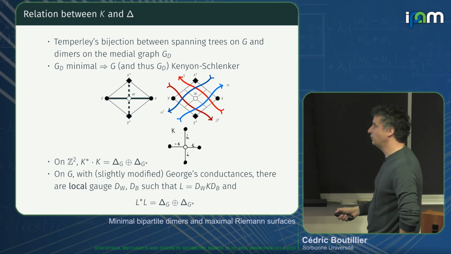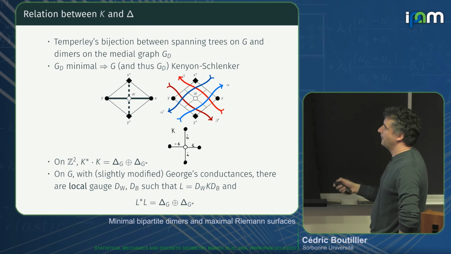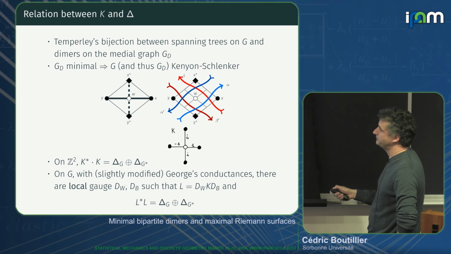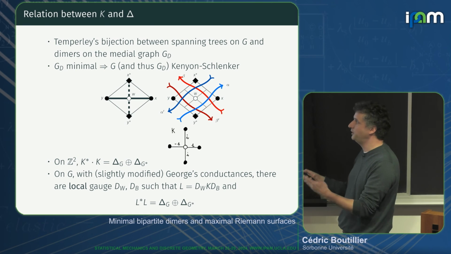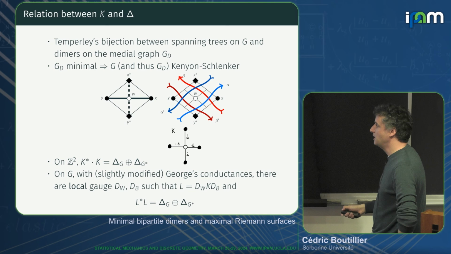Okay, so on the square lattice, not only do we have a bijection between spanning trees and dimers, which tells you that somehow the determinants of these operators are related, but we also have in fact a direct relation between operators.